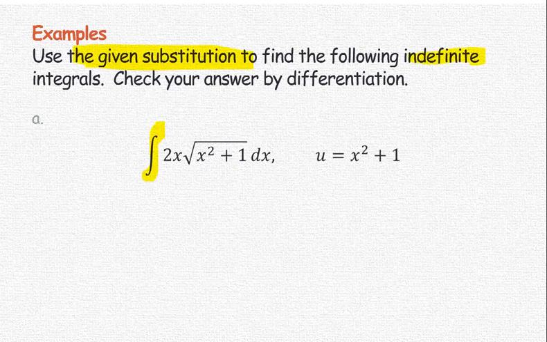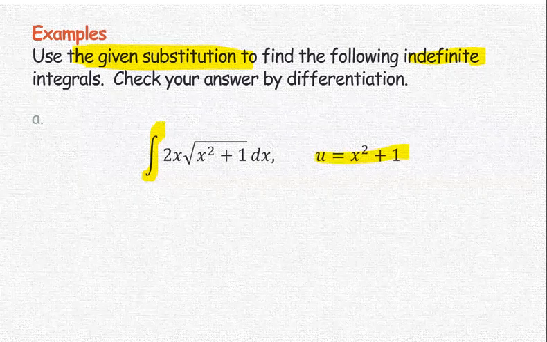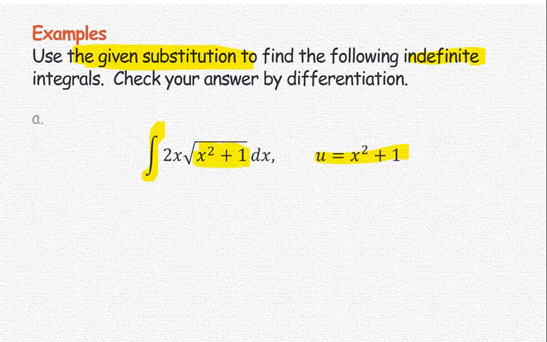Okay, so with this one, as you see the given substitution, u equals x squared plus 1. The reason that u equals x squared plus 1 is the expression that we have. I'm going to put a note here. Note the original integrand, which is 2x multiplied by the radical x squared plus 1.